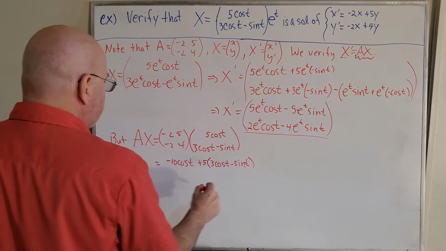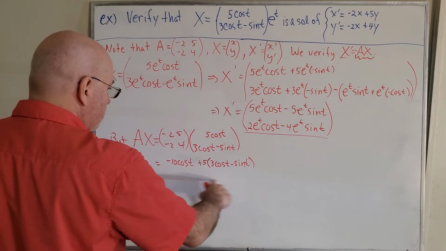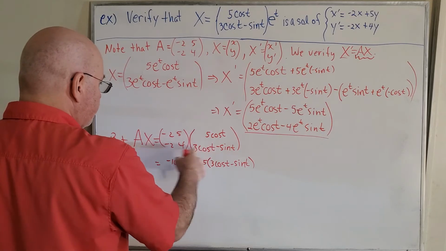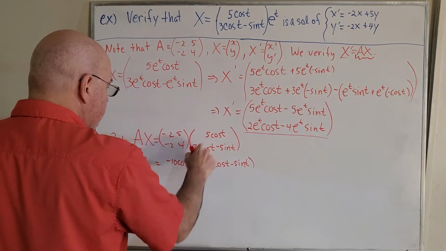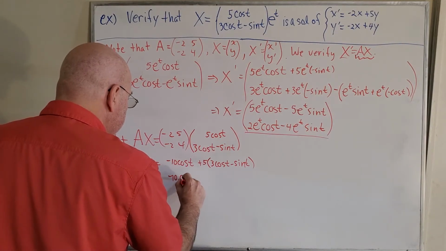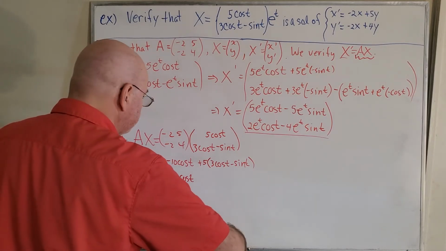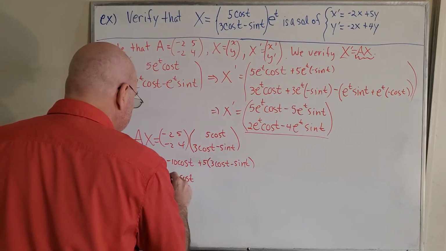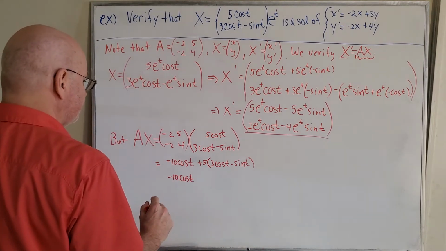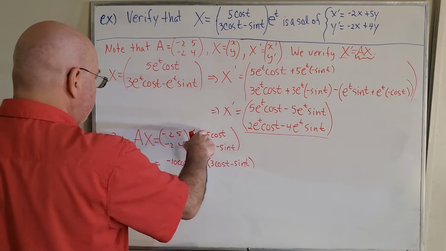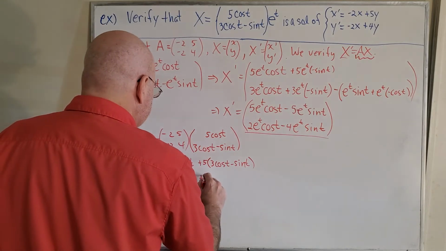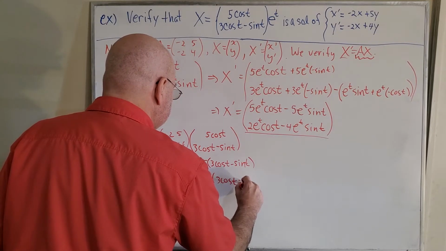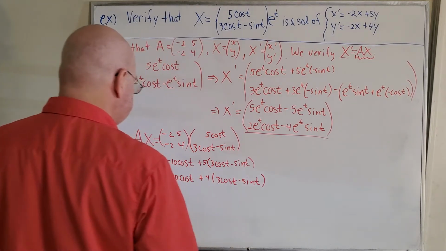That's the first, and then the second row is going to be this row times this column. So -2 times this, -10 cos t plus 4 times 3 cos t minus sin t.